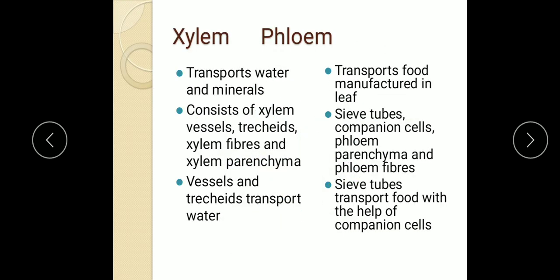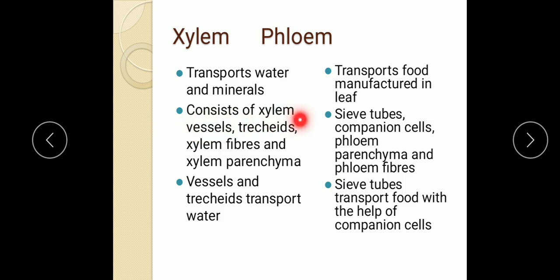Now we'll see the xylem and phloem tissues, their structure and their function. The main function we have discussed already: xylem transports water and minerals, while phloem transports food manufactured in the leaf. Now we'll come to the structure.